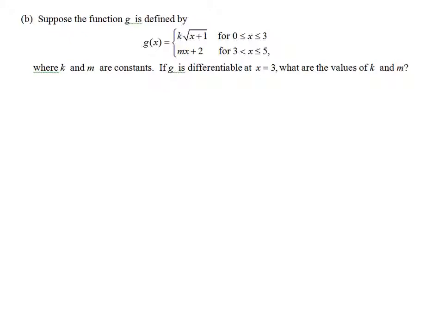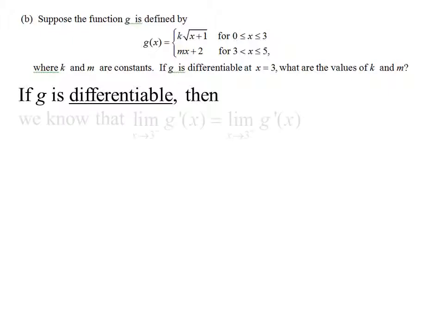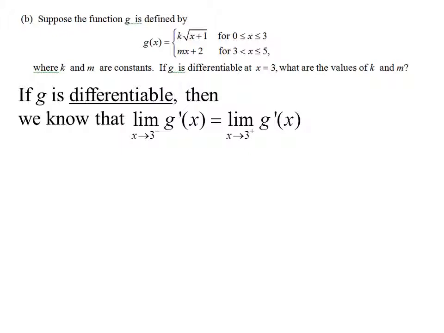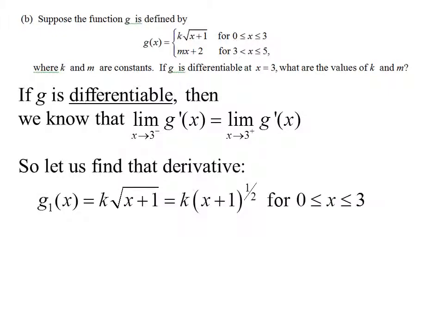In another line of thinking about this problem, we note that the differentiability requirement here leads to the conclusion that the limits of the derivative of g as x approaches 3 from the left and right must be equal. Now, the first function rule can be expressed using exponential notation.